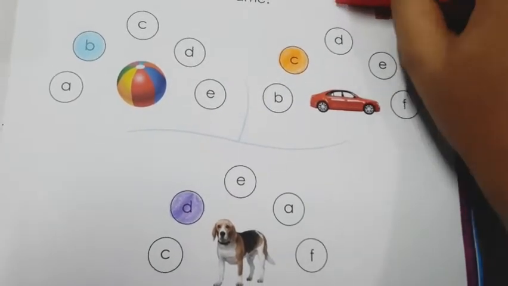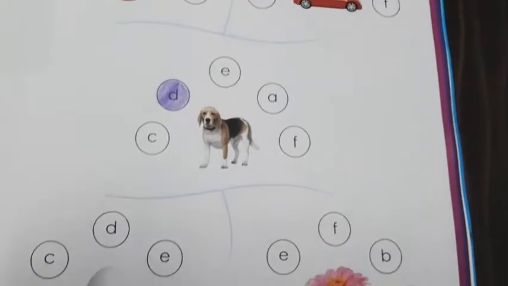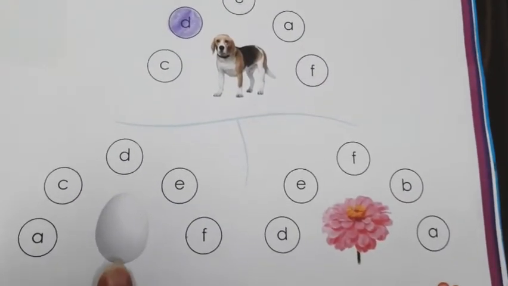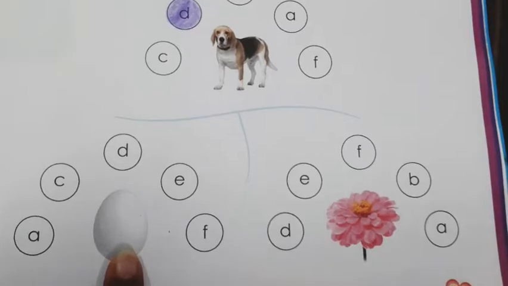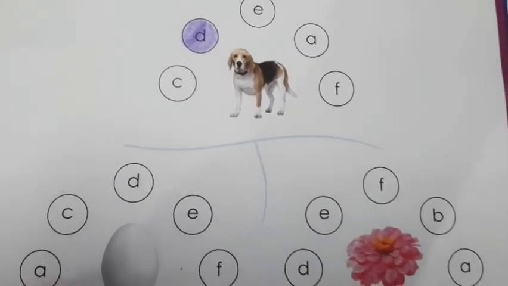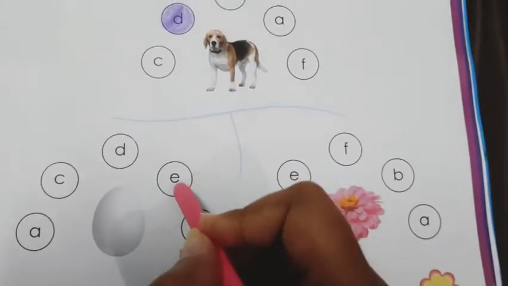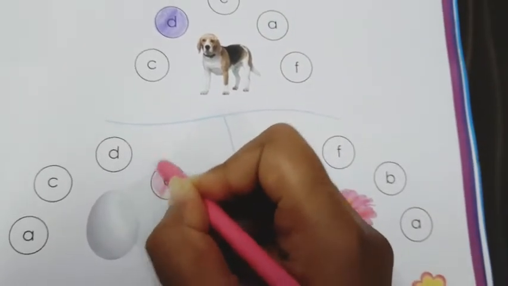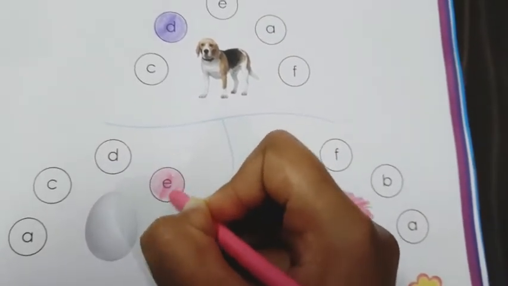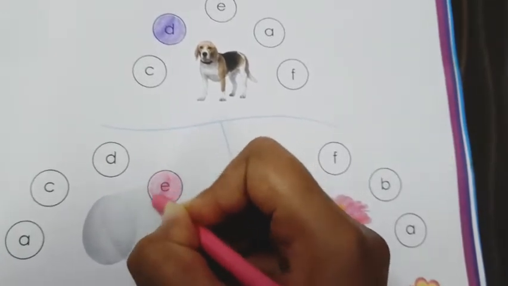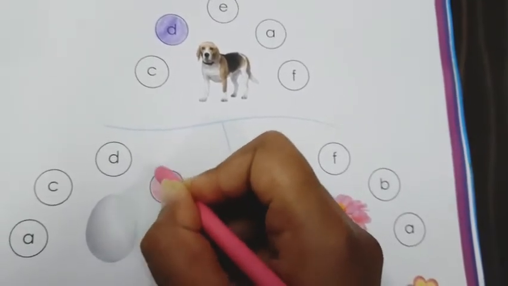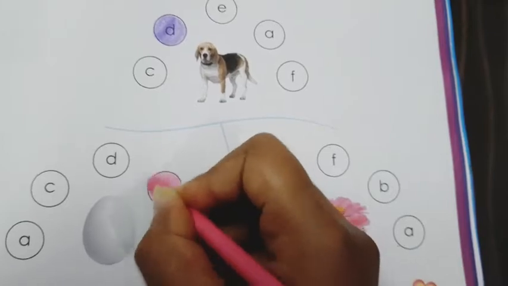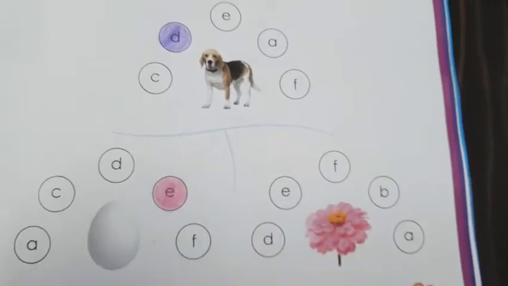Okay. Now come to the next. Which picture is this? It's an egg. Egg starts with which letter? E, E A egg. So we will color the letter E. Okay.